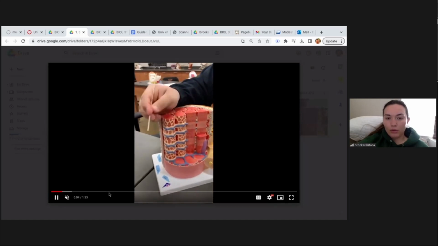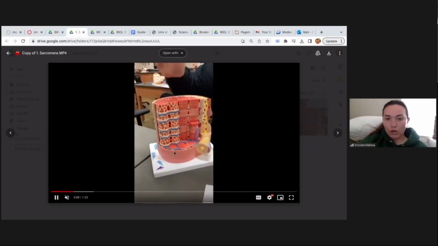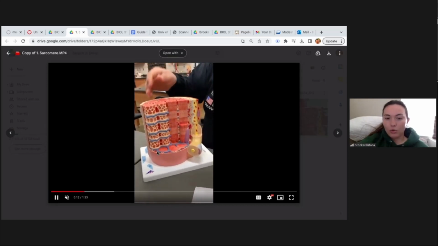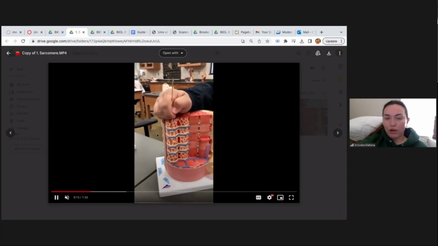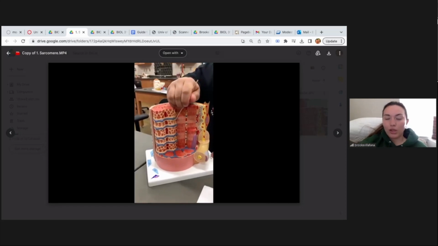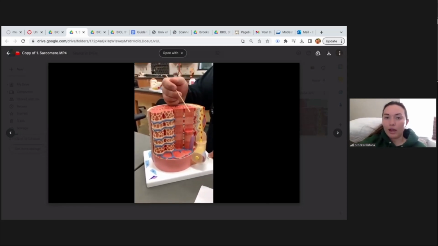You can speed up the video, or you can go slow, and he's going to point to each thing with the pointer and show you what it is on the list for every model. So these are a really great resource for you guys to use. They're available to you in every model for this exam, like the last exam.